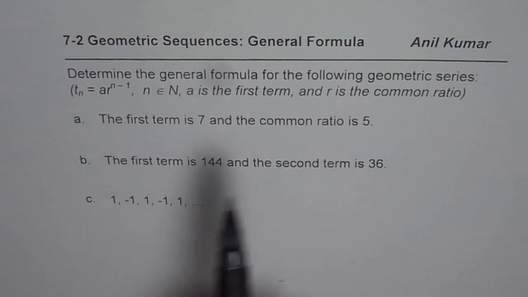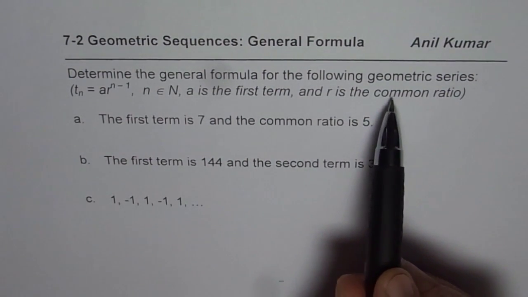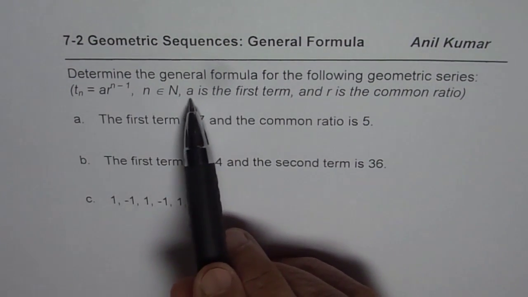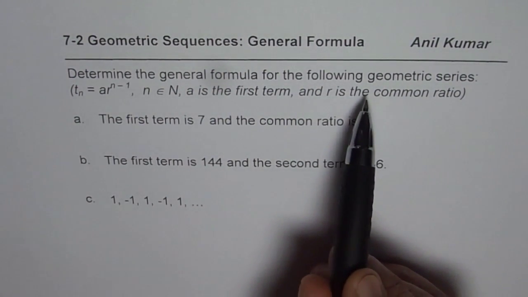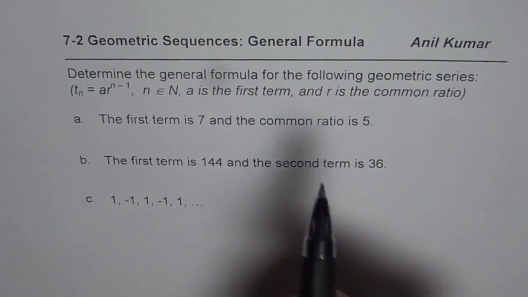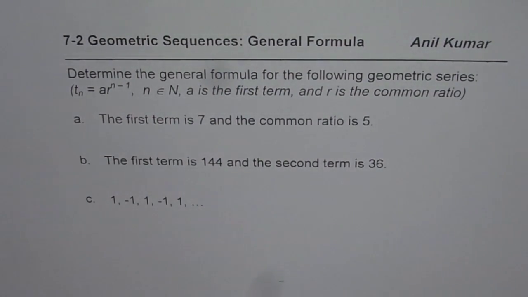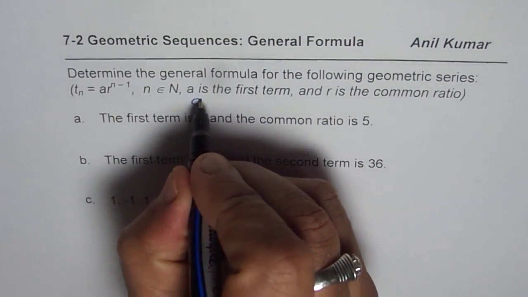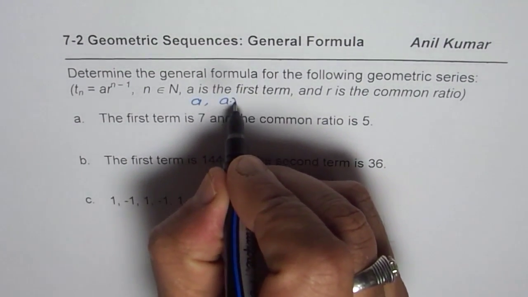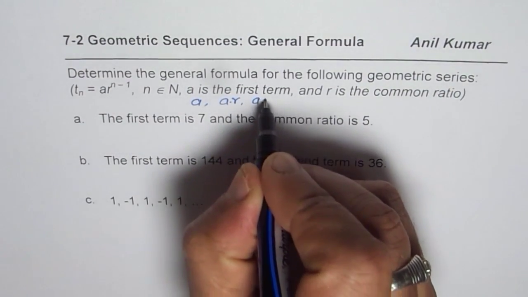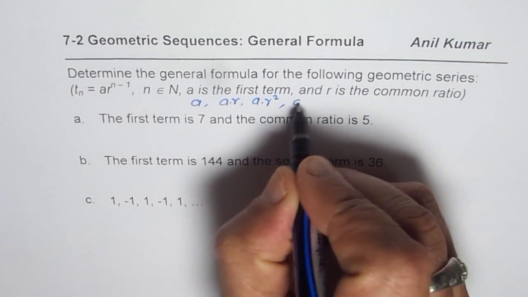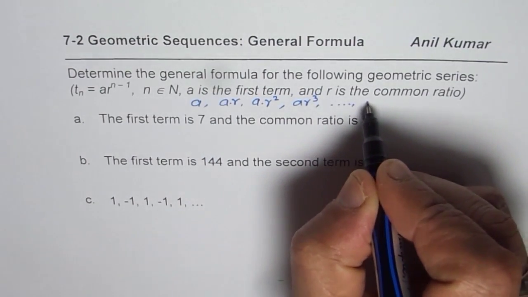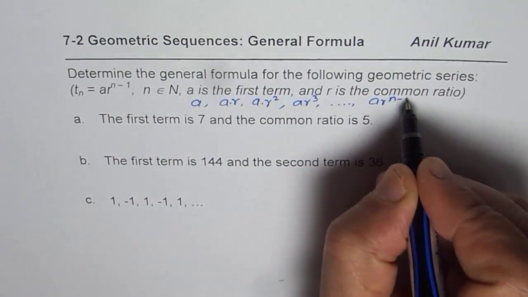Every geometric series will have a fixed ratio. That is to say, if the first term is a, the next term will be a times r, and after that a times r squared. So in general, a geometric series starts with a, then a times r, a times r squared, a times r cubed, likewise till a times r to the power of n minus 1.